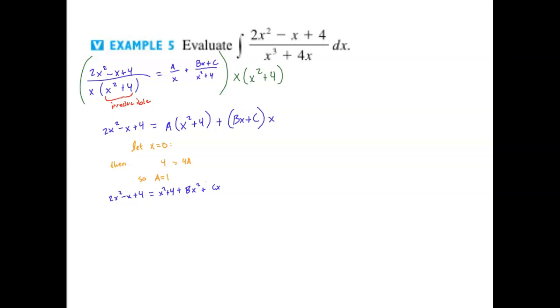But now there's not really any values that you can plug in for x that would eliminate, for example, B, but not eliminate C. The only thing that would eliminate one of them is 0. We already tried that, and that's going to get rid of both of them, right?